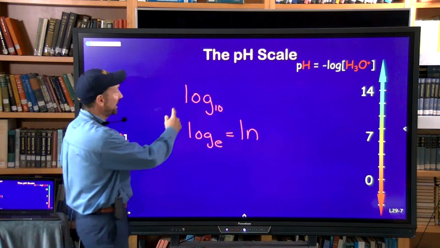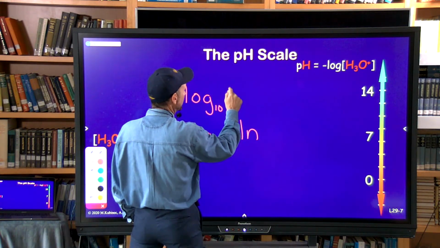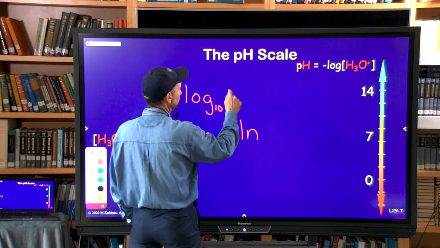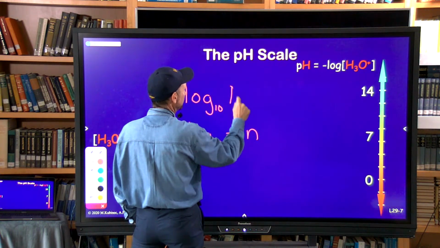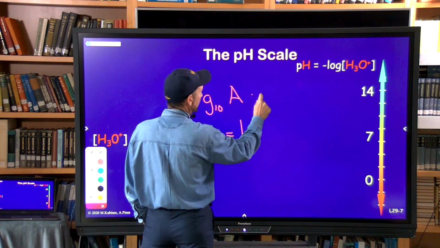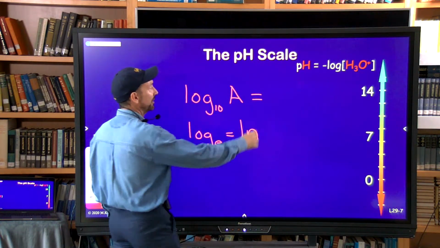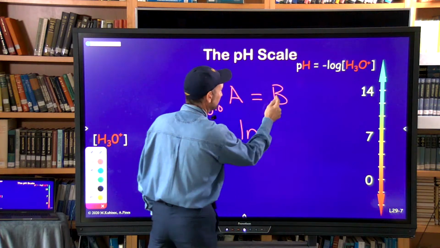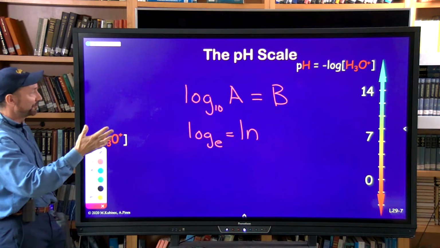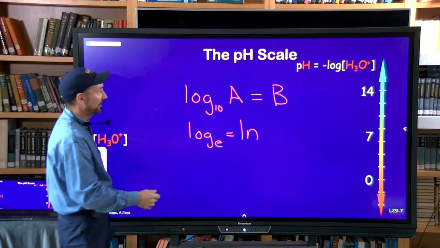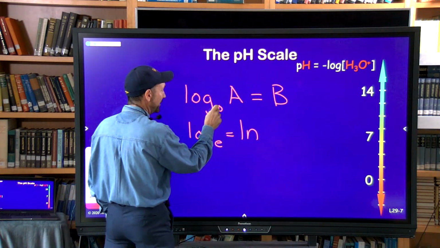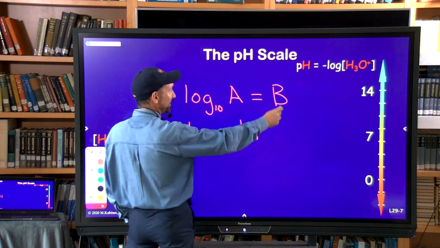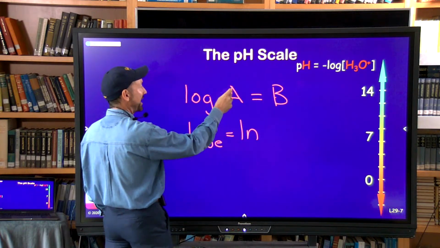But if you're taking log of some number, A, that gives you some number B. What is the relationship? Well, this base to this power has to equal that number.